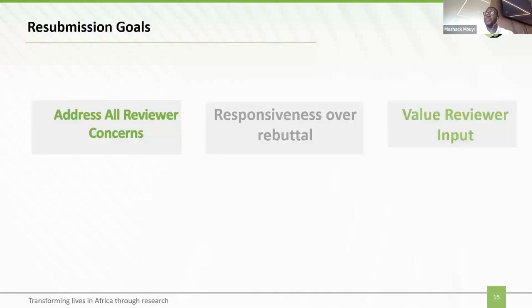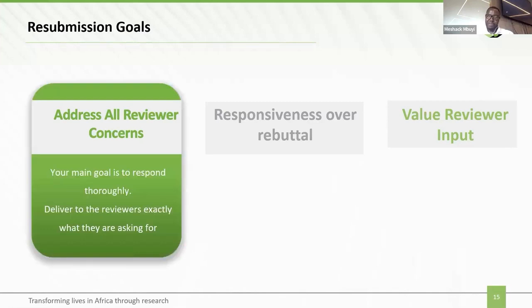Remember, as you decide to resubmit your application, you have only 3 goals. Goal number 1 is that you need to address all reviewer concerns. So your main goal is to respond thoroughly. Make sure you respond thoroughly and deliver to the reviewers exactly what they are asking for.